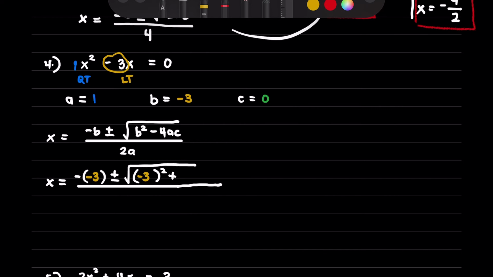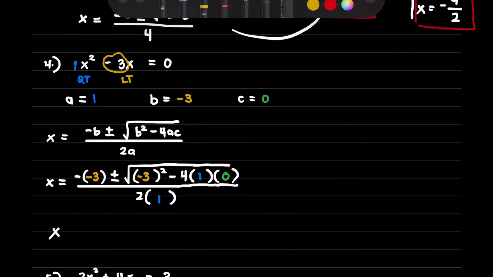Plus, minus 4. And the value of A is 1. And how about the value of C? That's 0. So, 2 times A. Ang A natin is 1. So, tapos na tayo mag-distribute.